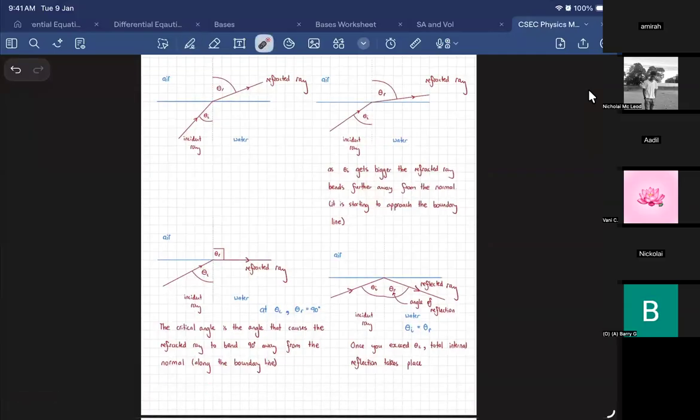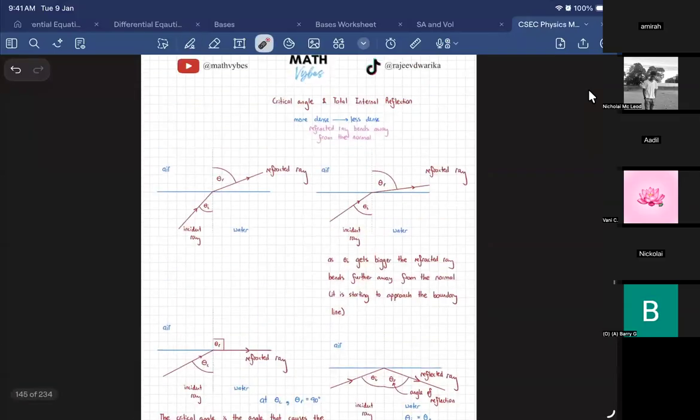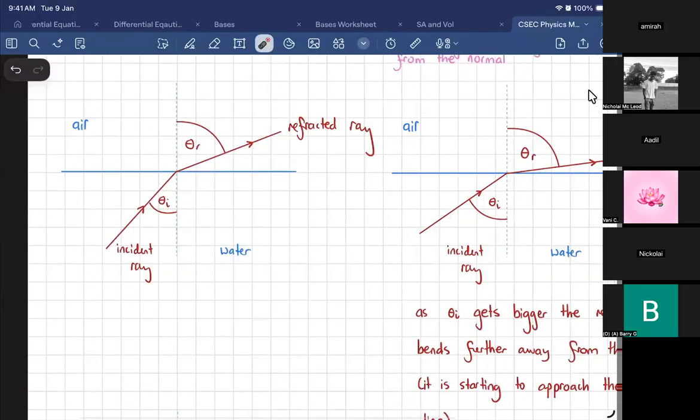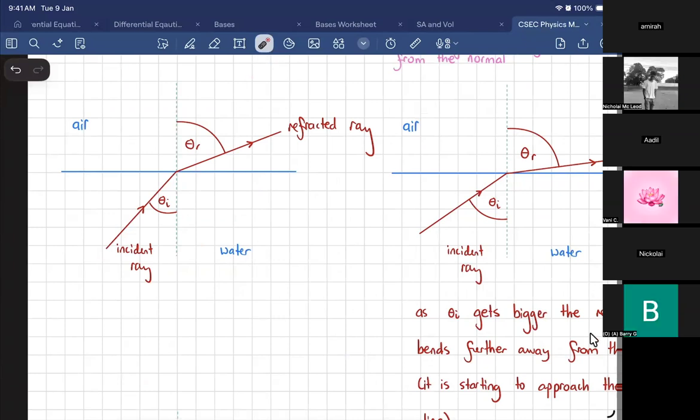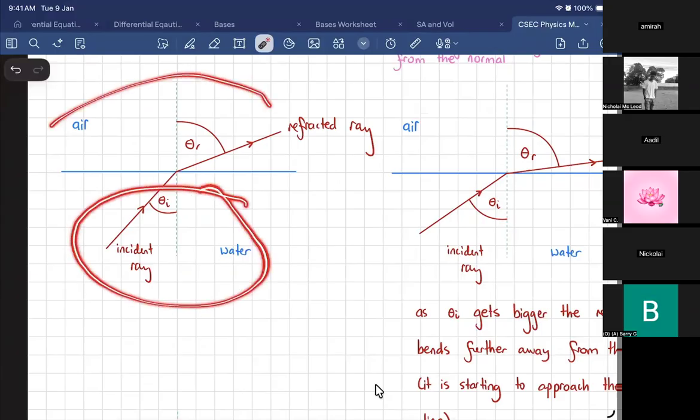Okay, well, Vanny, let me go through this again. And for anybody that's not paying attention, lucky now. Jadon, Zachary, Shayna, Amira, Nikolai, Adil, Vani, Drew, everybody, I'm going to go over this one more time. So Vani, anytime you're going from a more dense to a less dense medium, what happens to the refracted ray?